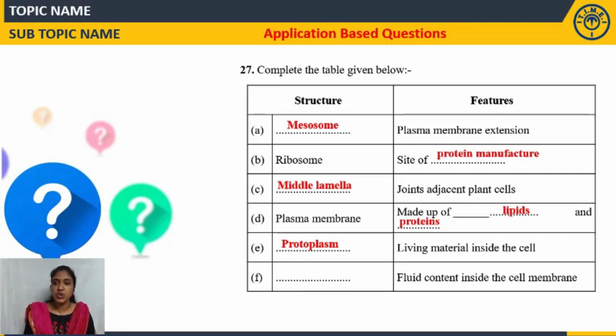So therefore, cytoplasm is what? Yes, all the things that are inside the protoplasm, if we minus nucleus and cell organelles, we will get cytoplasm. Okay. When we are removing the cell organelles and nucleus, the only fluid content, that part is known as cytoplasm. So, cytoplasm is the fluid content inside the cell membrane.